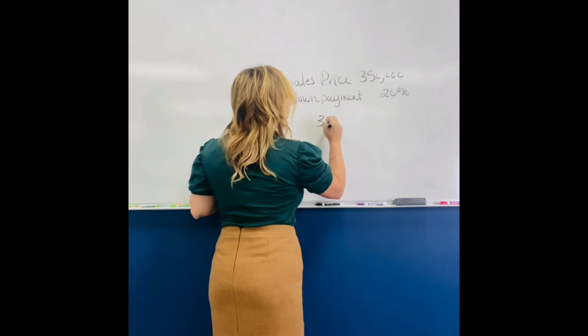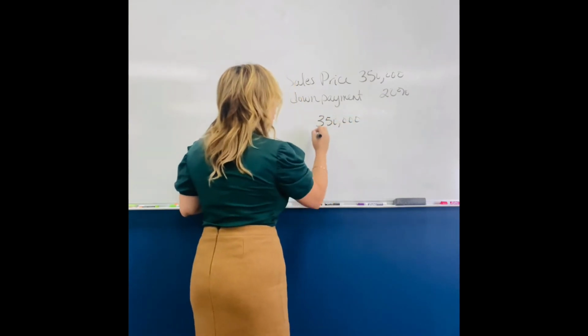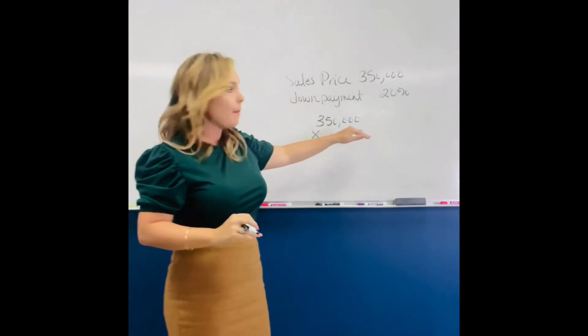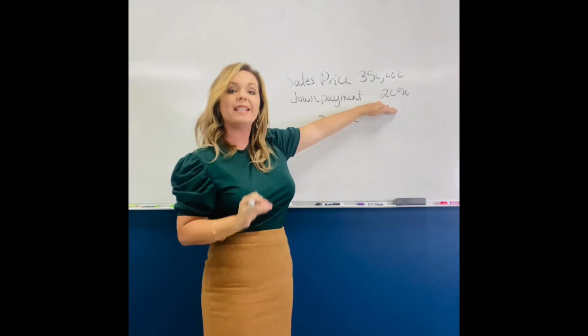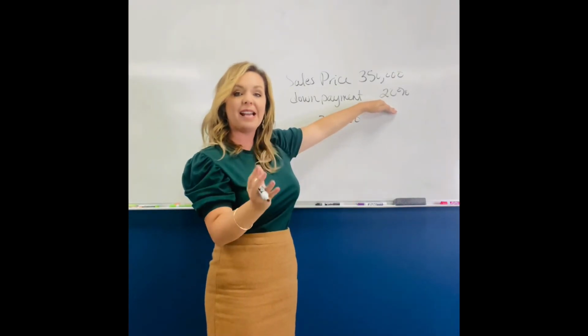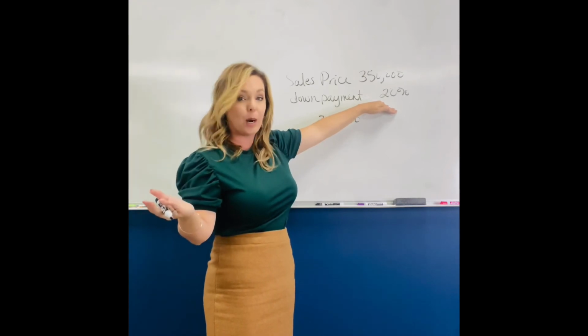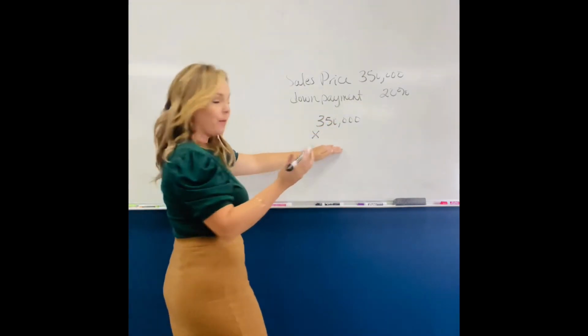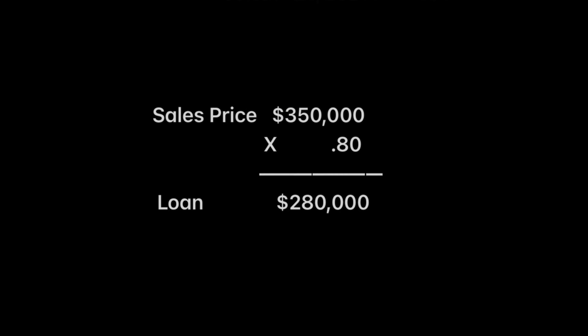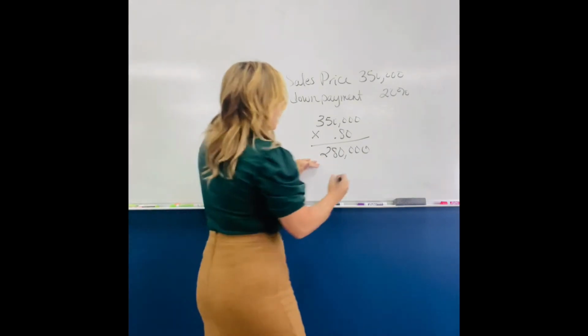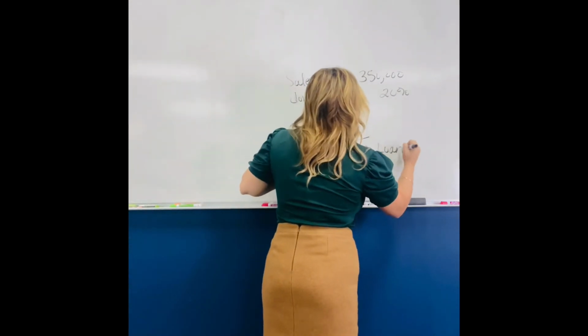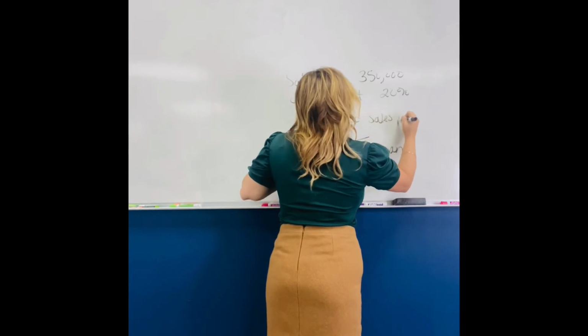We're going to take $350,000 and we're going to multiply it by 80%, not 20. 20 is what we're putting down. 80% is what is left for our loan. So we're going to multiply this times 80%. When you multiply that out, it comes out to be $280,000. This now is the loan.